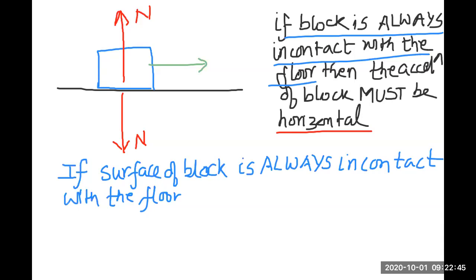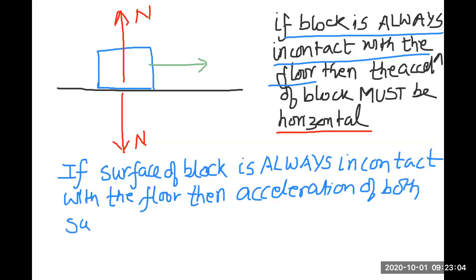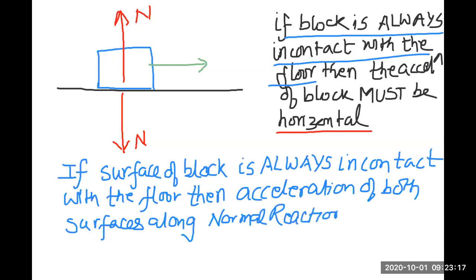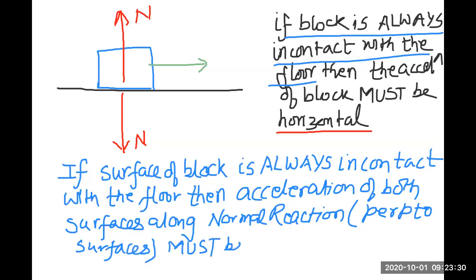So if the surface of the block is always in contact with the floor, right, then the acceleration of both surfaces along the direction of normal reaction, or perpendicular to surfaces, must be same.